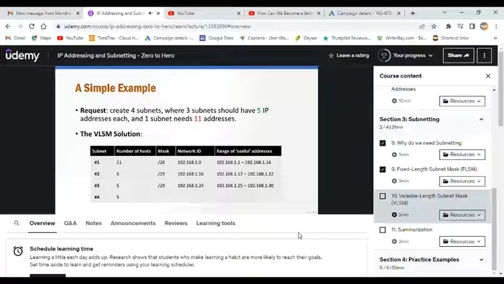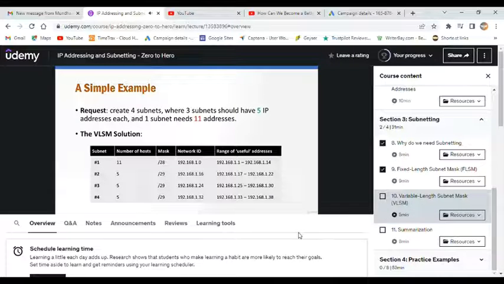And the range is going to go from 25 to 30, and then 31 is going to be the broadcast for subnet 3. So the network ID for the fourth subnet will be 192.168.1.32, and the range is going to go from 33 to 38.